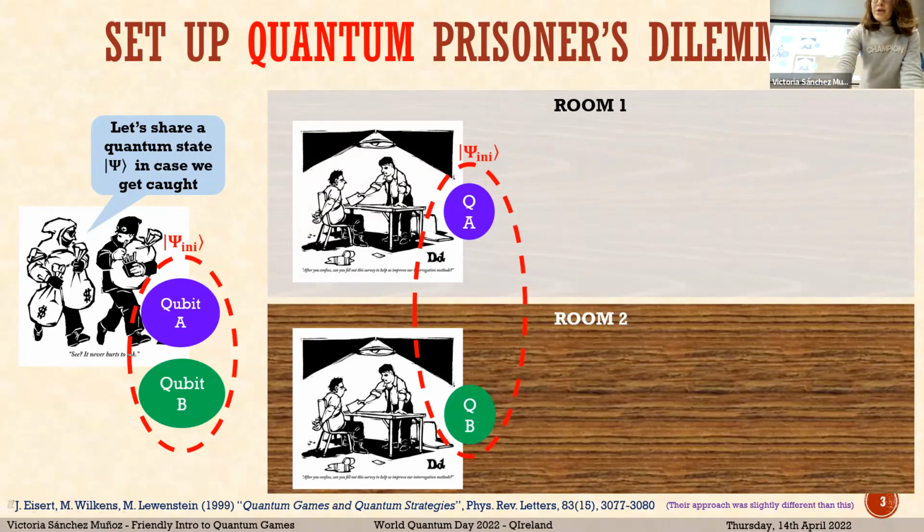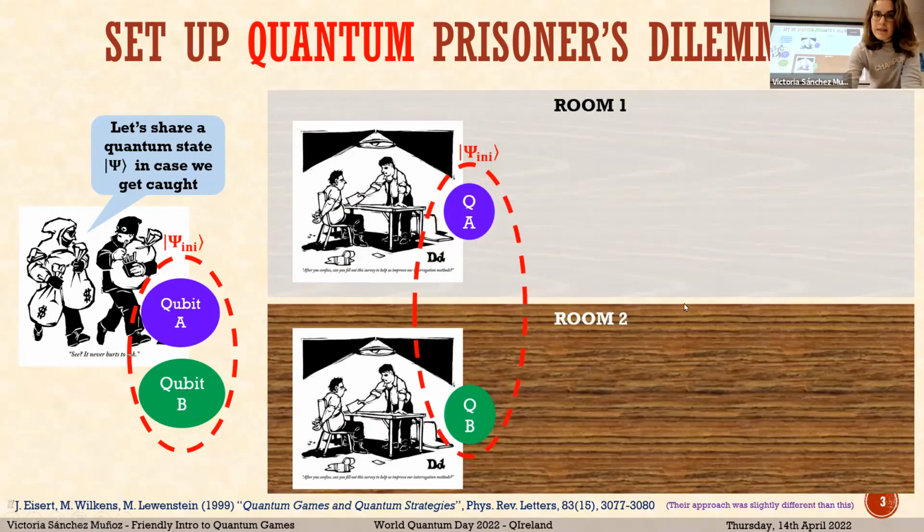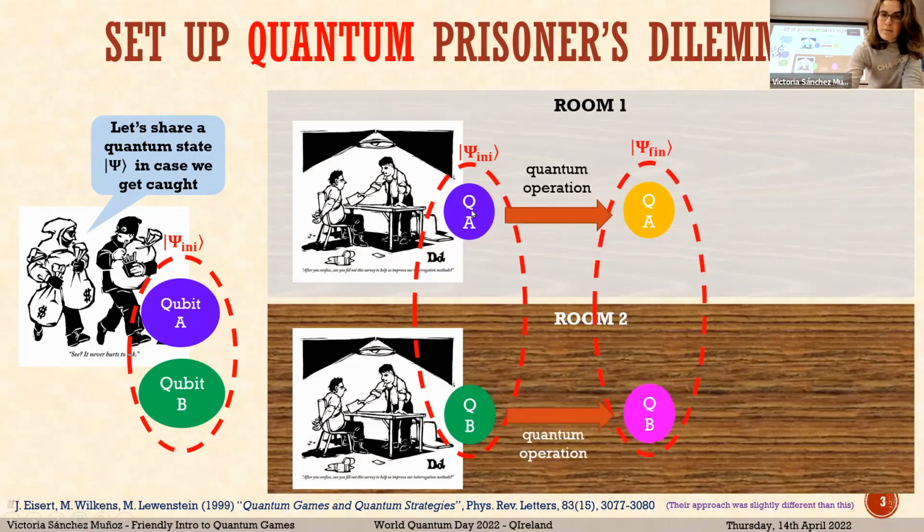So they are in the interrogation room, and what happens is that they will perform a quantum operation on their own qubits. So this guy will do a quantum operation on his own qubit. So it will be changed to another state. And the same for the second guy. So if they started with an initial state, after they perform a quantum operation, they will end up with a final state.